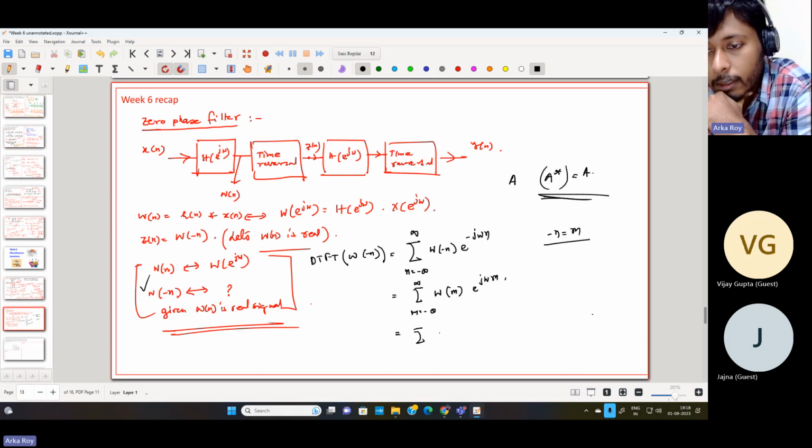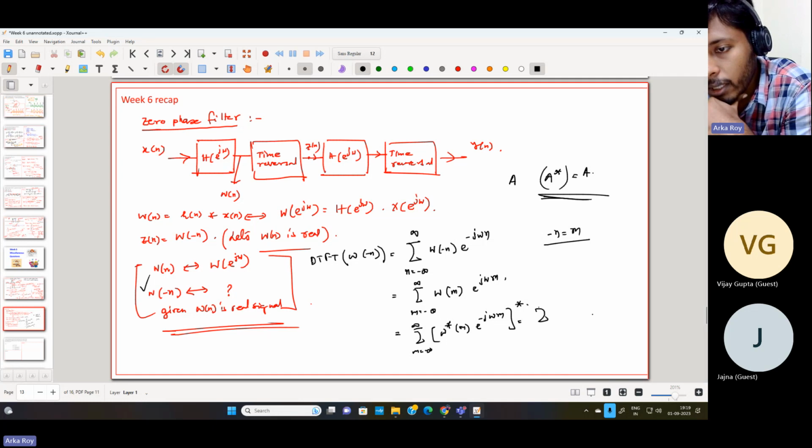So let us use that particular property. So let us consider this is w star of m e to the power minus j omega m, and then we are taking star over here. Now we can effectively change the location of the star, taking the conjugation operation outside of this particular summation.